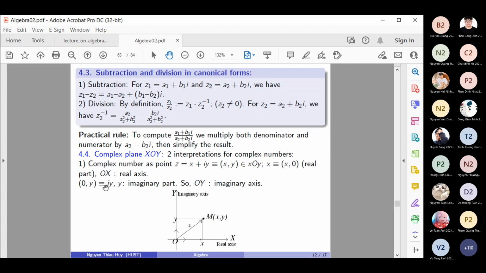You can write this as i multiplied by y, you can write (0, 1) multiplied by y. So we obtain iy, where y is the imaginary part. Therefore this vertical axis is called the imaginary axis, right? Good. And we already saw this representation before when we found this number i, so that i squared equals minus 1.